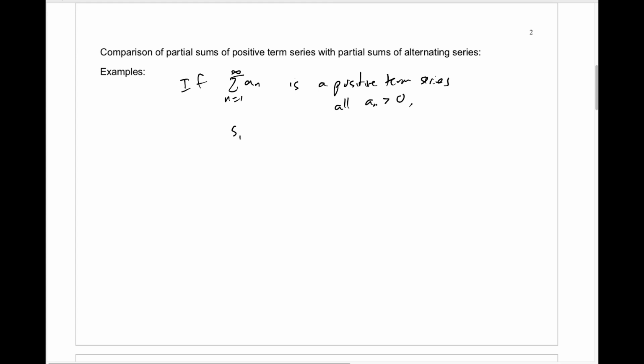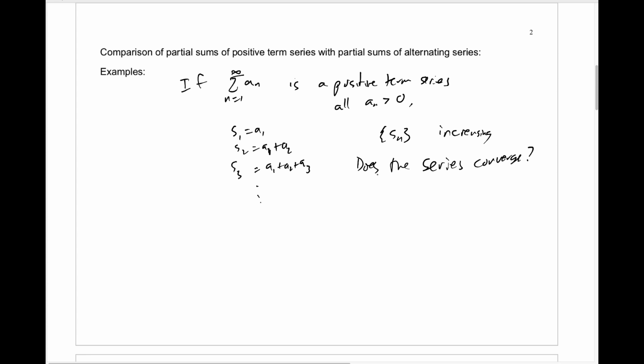Then S1 is just A1, S2 is A1 plus A2, make sure you get that right. S3 is A1 plus A2 plus A3, and we keep going like that. This sequence, S sub n, will be increasing, because when you add more terms, and all the terms are positive, the partial sums get bigger and bigger and bigger. So the question, does the series converge, is the same as the question, does this sequence of partial sums, Sn, converge?